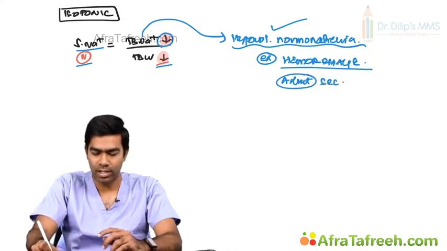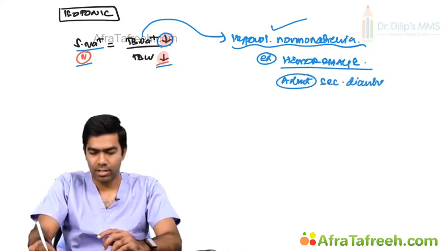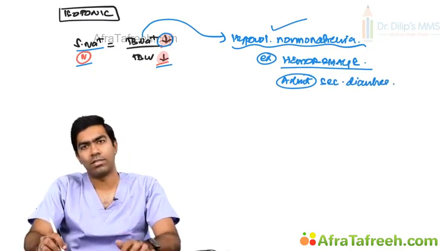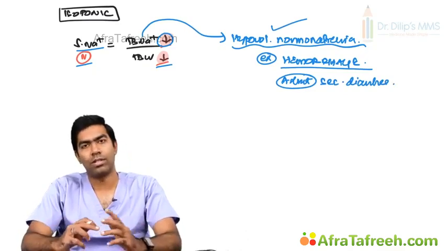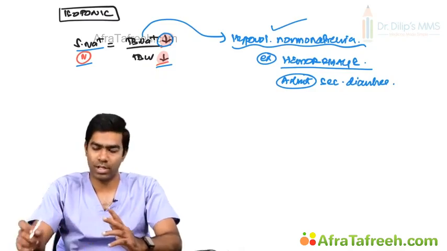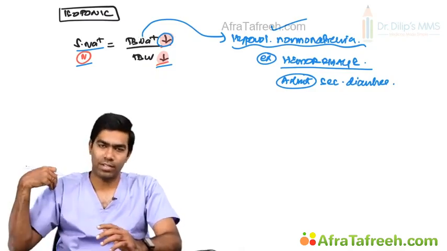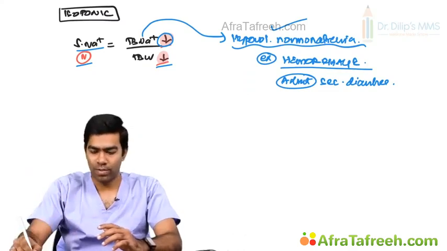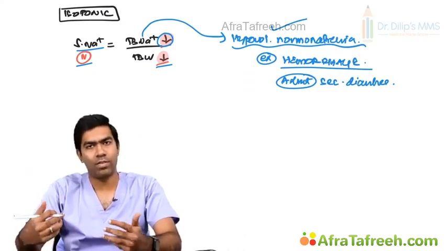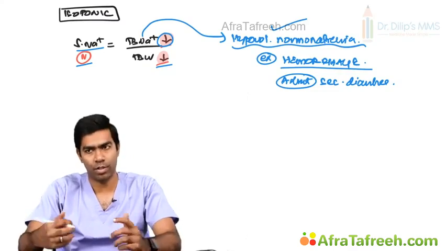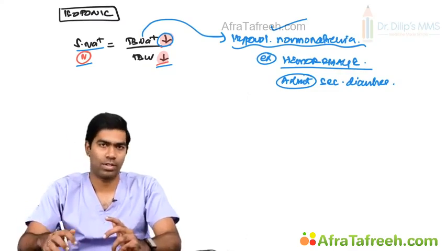Adult secretory diarrhea, where again you lose an isotonic solution, because in adult secretory diarrhea, active secretion of sodium and chloride will be there. Along with that, water also will be secreted, because sodium pulls water out along with it.